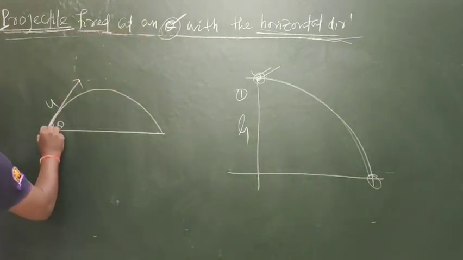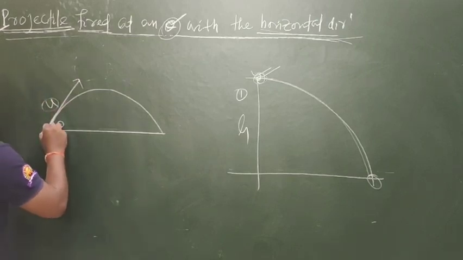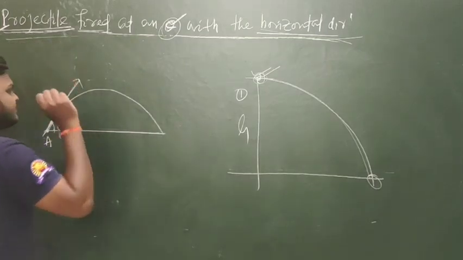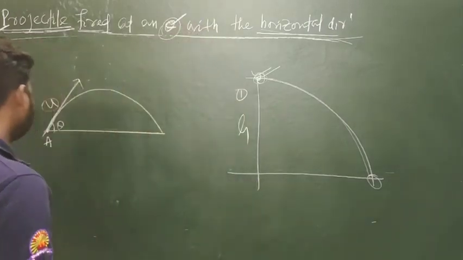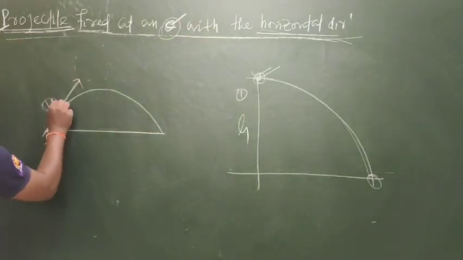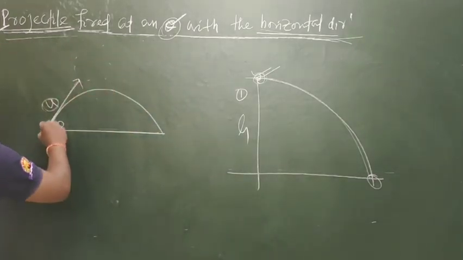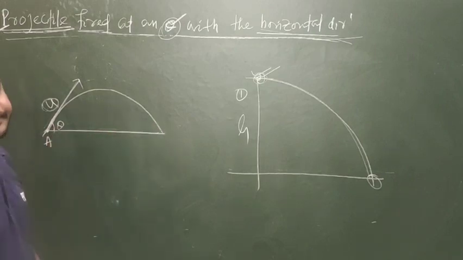You know that when the body is fired with initial velocity u, how can this velocity be represented? If we want to calculate the velocity, first we draw a tangent at that point, and that tangent gives the velocity of the body. Suppose this tangent represents the initial velocity at which we fire the projectile, at an angle theta with the horizontal direction.